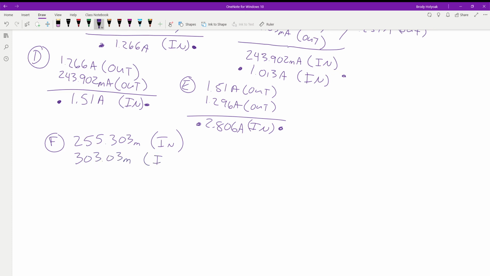That's also coming in. And the only other branch we have has to be going out. So when we do this, we have a total of 558.333 milliamps.